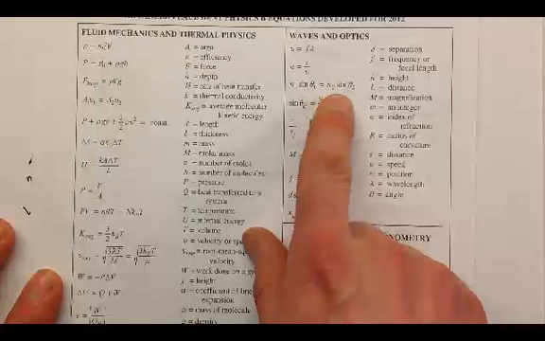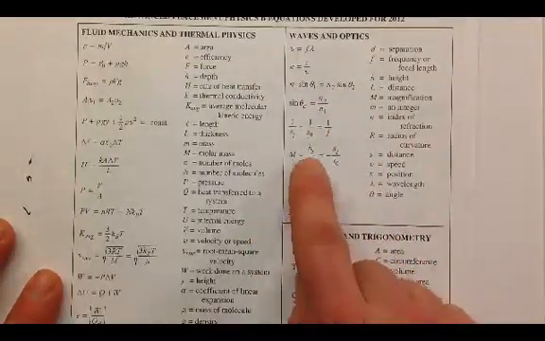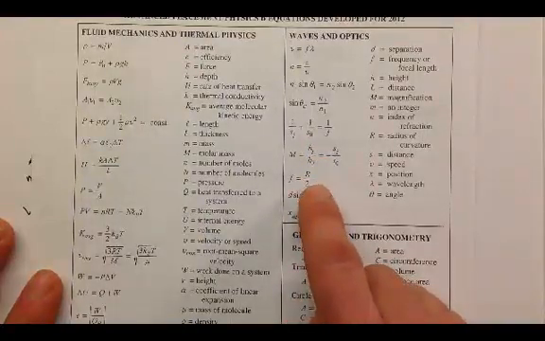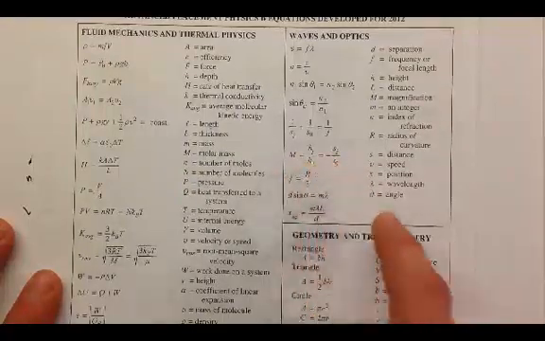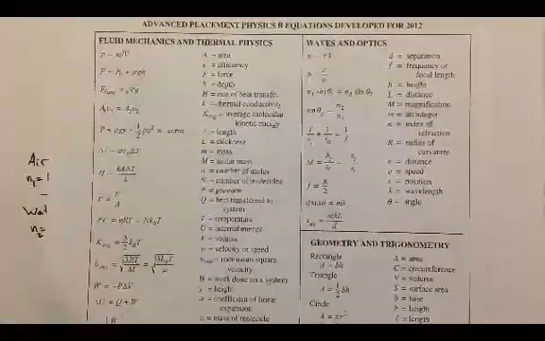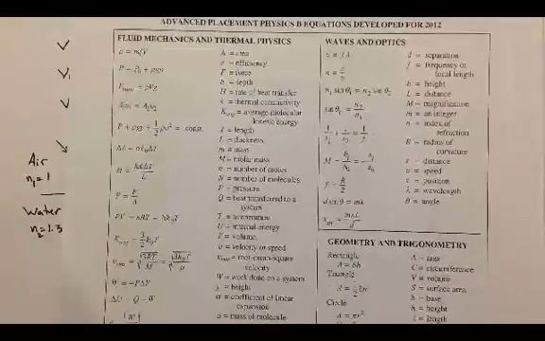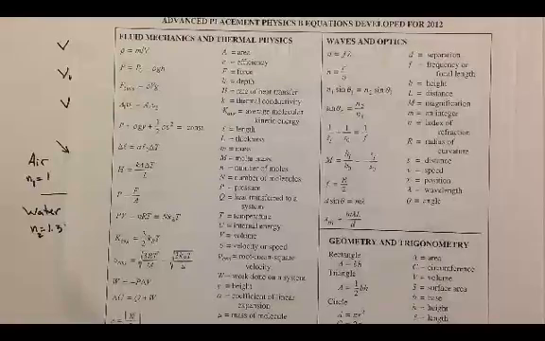We've got our Snell's law and our critical angle. And of course, yesterday we talked about lenses and the focal length being half of the radius of curvature and magnification equations. So, lots of good equations on our waves and optics section there.